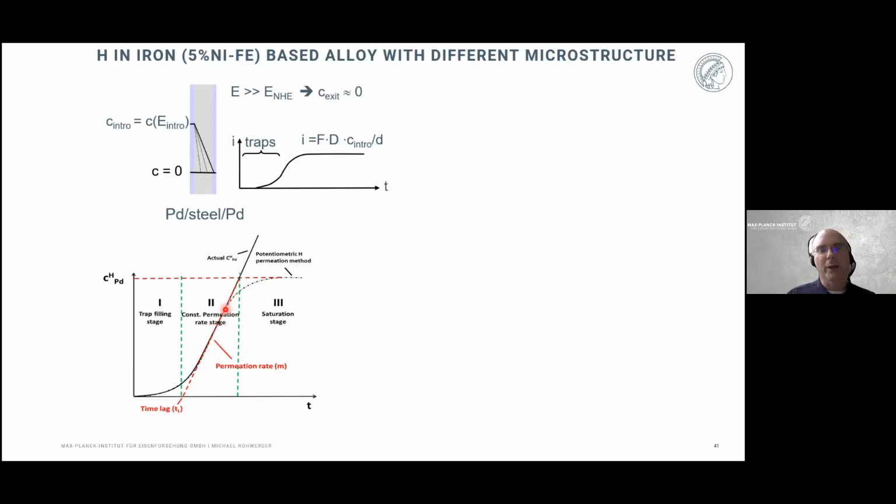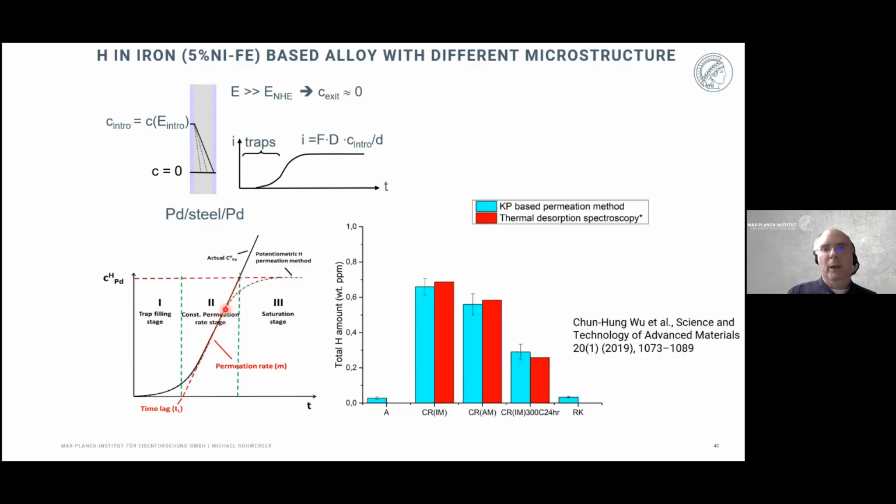But then you can apply that technique, and for example, here you see results of permeation measurements, in the blue colors, with a Kelvin probe, done on these different materials: cold rolled, recrystallized, and annealed. And here it's compared with an analysis done by TDA. You can see how well this fits, and you can also see the power of this technique.